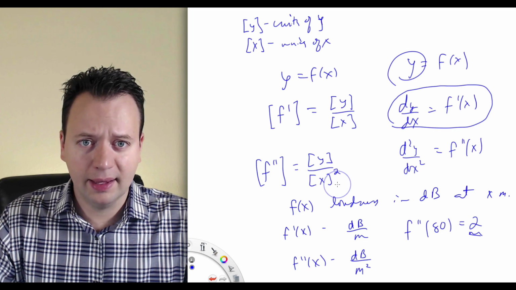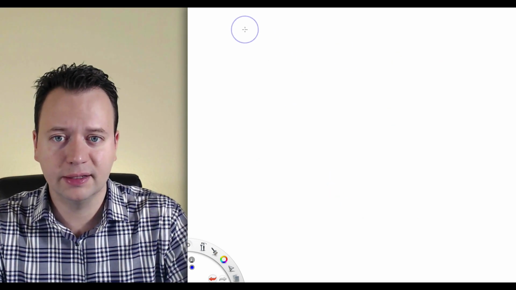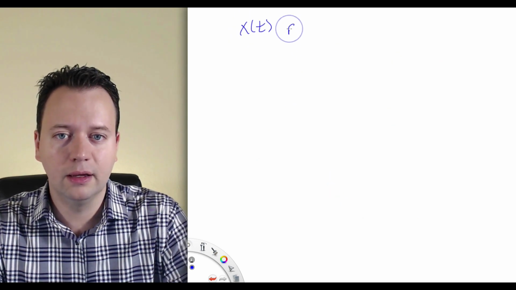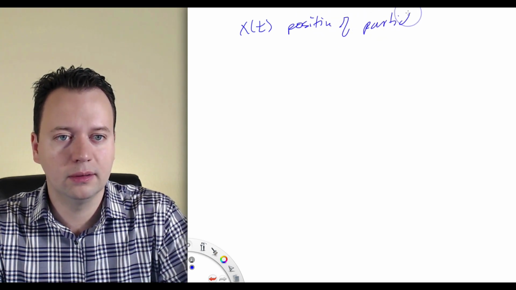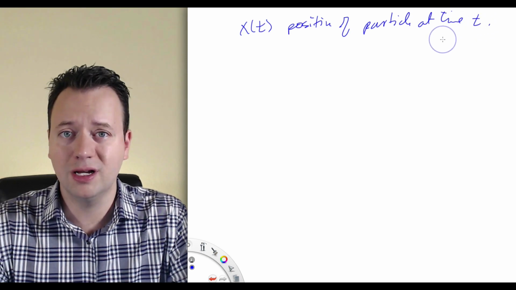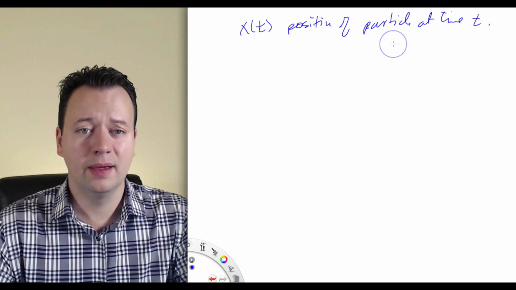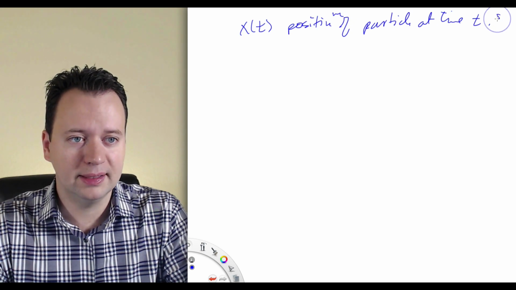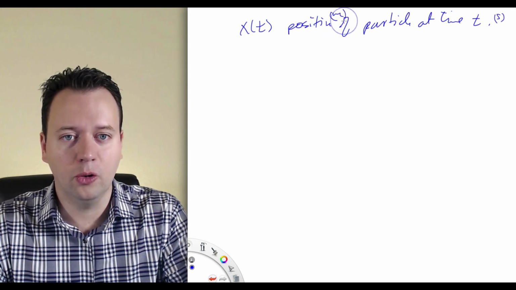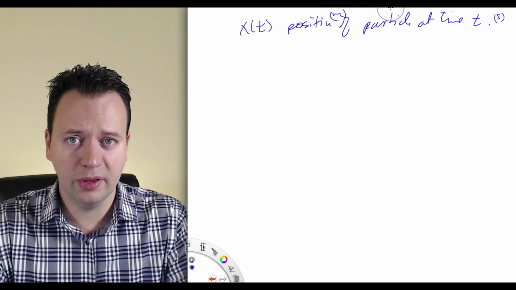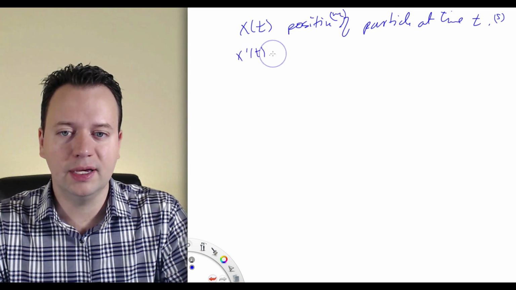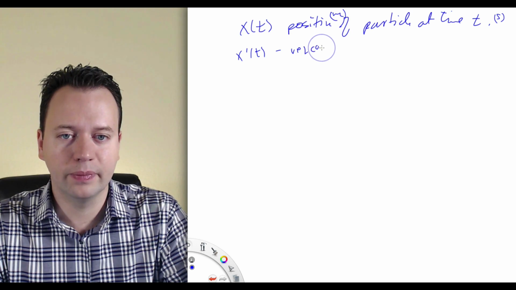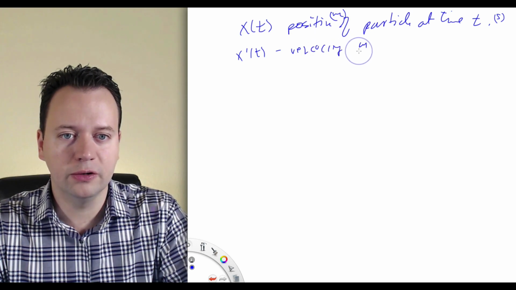So let's look at another example with physics. We said that x of t was the position of a particle at time t, and position and time have units, maybe meters and seconds, or maybe miles and hours; there are a number of different units you can use. x prime of t was the velocity, so it's meters per second.